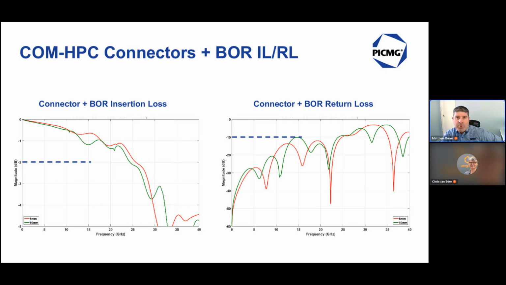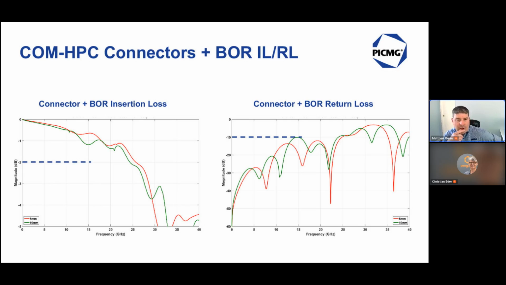Well, when you look through the PCI SIG specs, we only have time to look at two bits of data. When you look at the PCI SIG specs for insertion loss and return loss for a PCI Express connector and the breakout region when it's attached to a PCB, for insertion loss, you get roughly 2 dB.